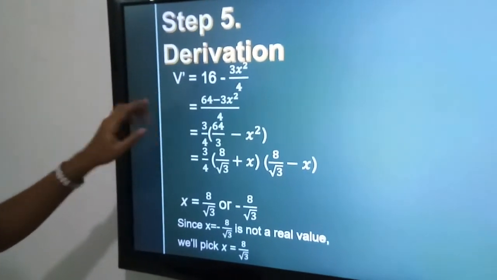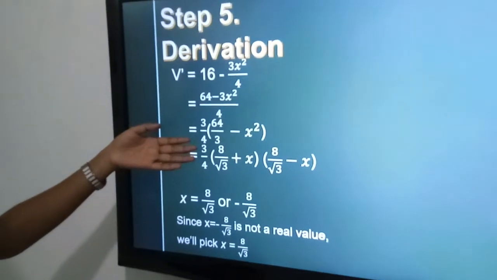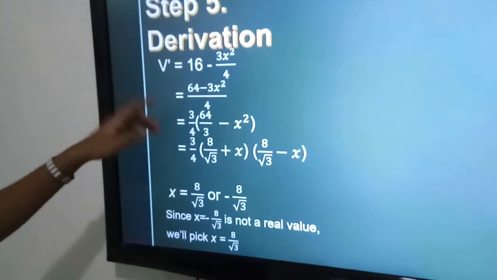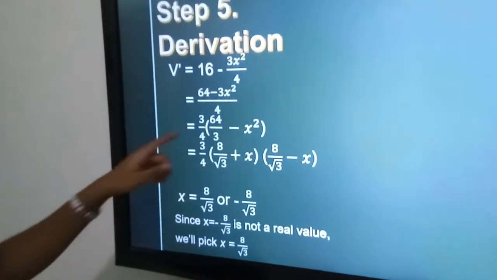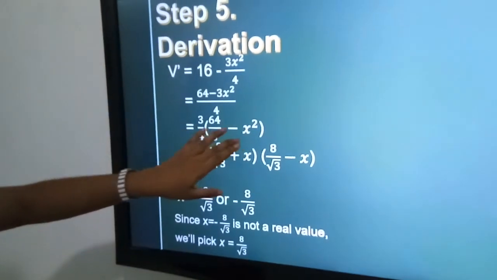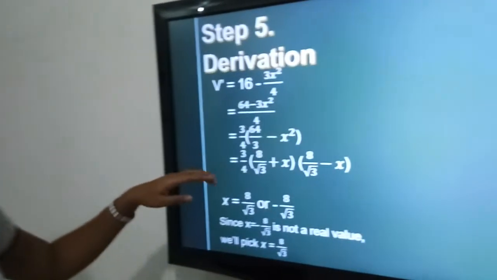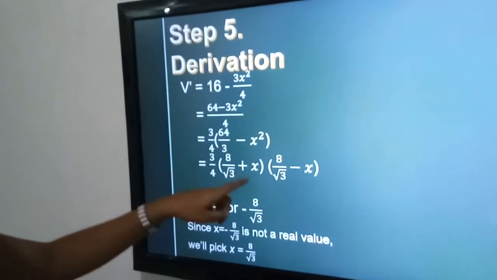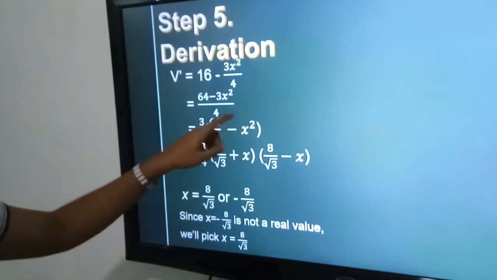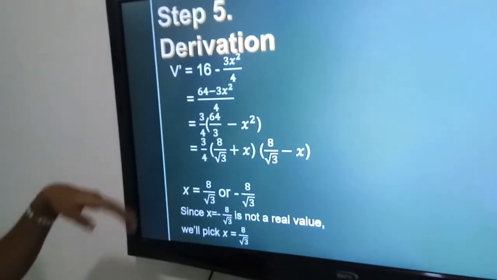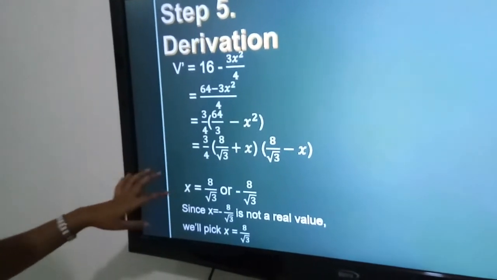Then we need to isolate the 3/4 because we need to find our factors. 3/4 times 64 over 3 minus x squared. Then to find our factors, we have 3/4 times 8 over square root of 3 plus x times 8 over square root of 3 minus x.